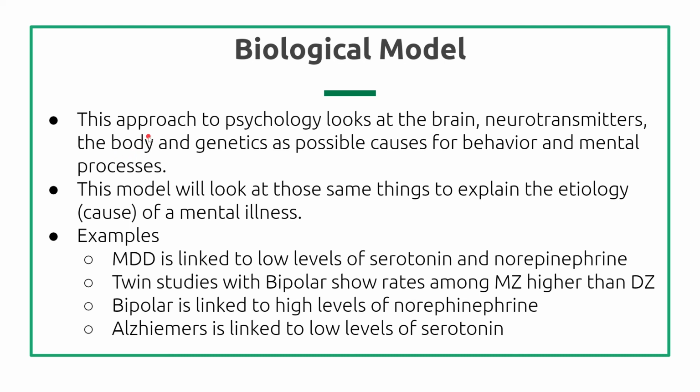So for example, let's say you make a diagnosis of depression, and you go back and you're like, okay, I know that major depressive disorder is linked to low levels of serotonin. You would say that a possible cause is low levels of serotonin in the patient. And then you would label that, because you're pulling from a neurotransmitter, as a biological model. And we're going to get used to trying to reinforce and understand the causes of mental illnesses every time we go through a case study by doing that.